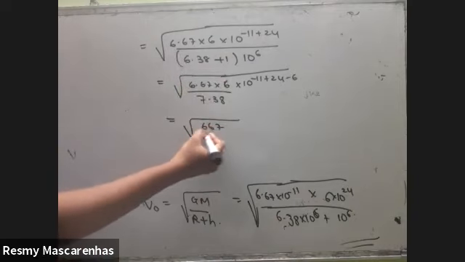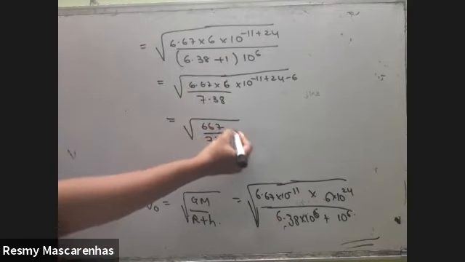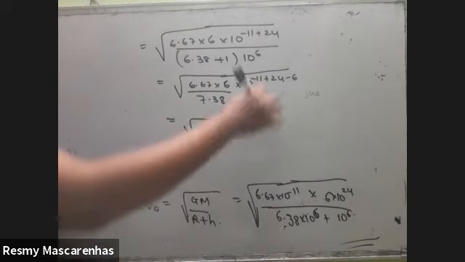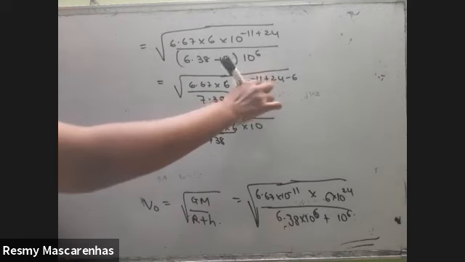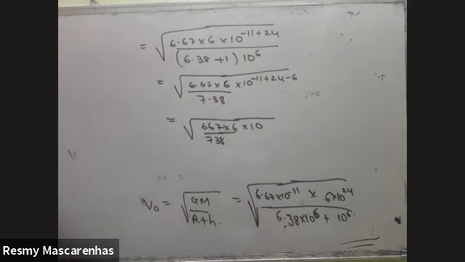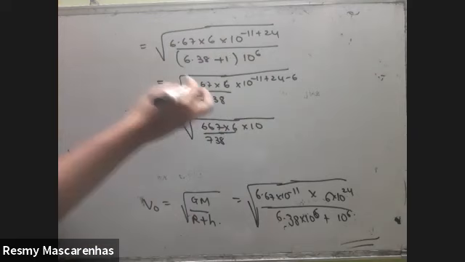So 67 upon 738 into 6 into 10 raised to 13, 17, that will be 7.